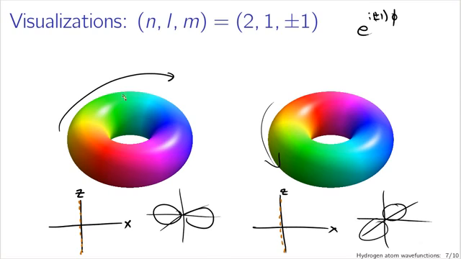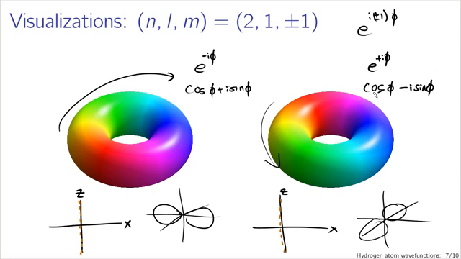For instance, if I take this, which is e to the minus i phi, and this, which is e to the plus i phi, and I add them together, this is going to give me cosine phi plus i sine phi. This is going to give me cosine phi minus i sine phi, after I abuse the even and odd properties of cosine and sine.